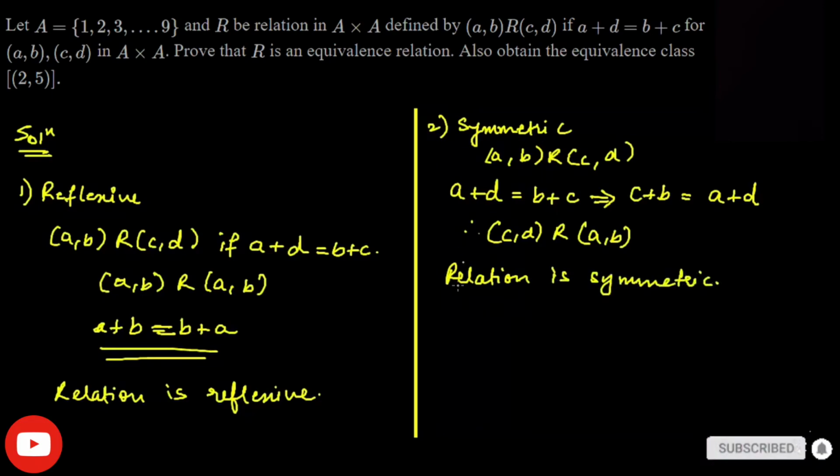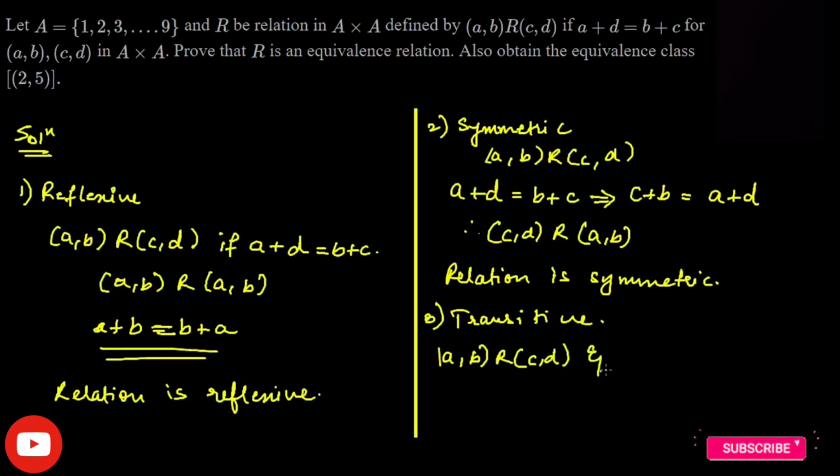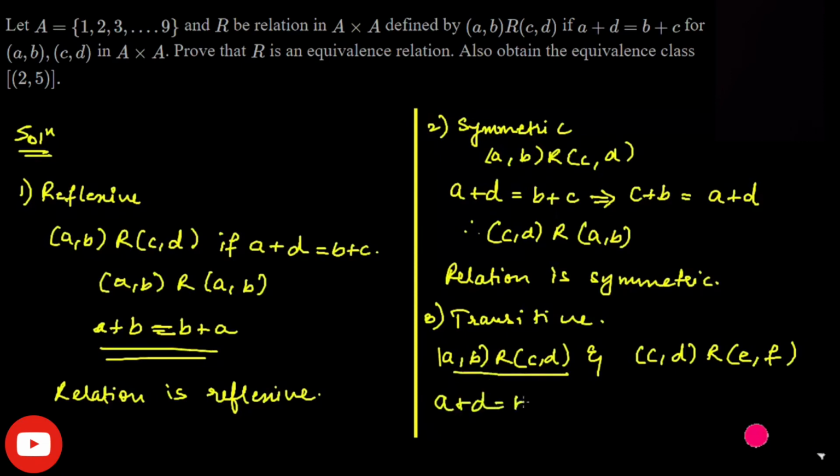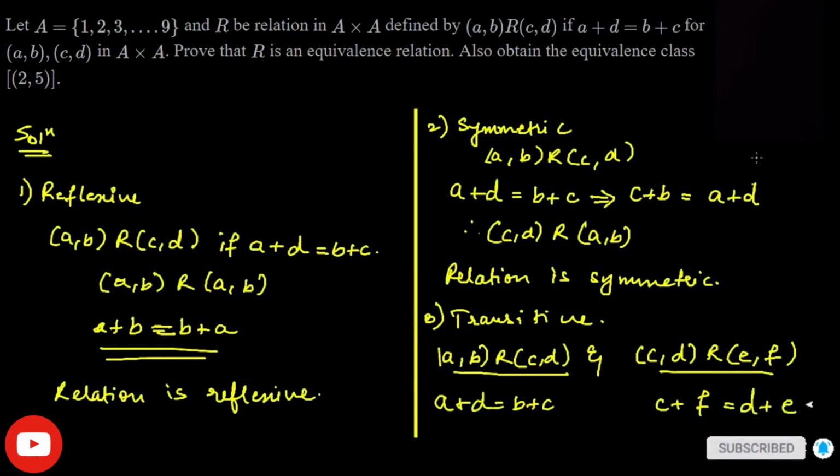And lastly, we are supposed to prove that the relation is transitive. Now suppose we have (a, b) related to (c, d) and (c, d) is related to (e, f). So this will be written as what we are given, that is a + d is equal to b + c, and similarly c + f is equal to d + e. Let this be equation 1 and this be equation 2.